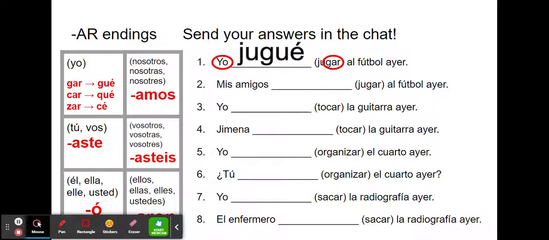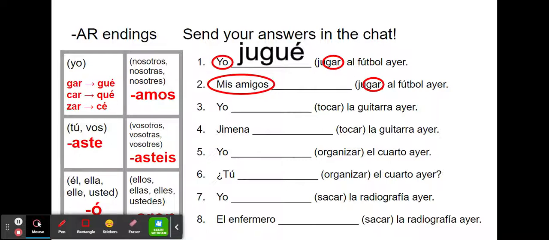Let's look at number 2. Mis amigos jugar al fútbol ayer. So again, I want to notice that this is a GAR verb, but this time I see that the subject is mis amigos, which means I no longer have to use the yo form. Instead, mis amigos means my friends. So I'm talking about multiple people.